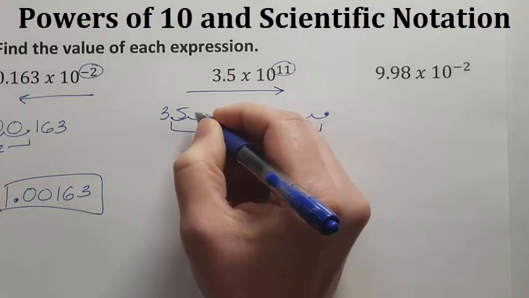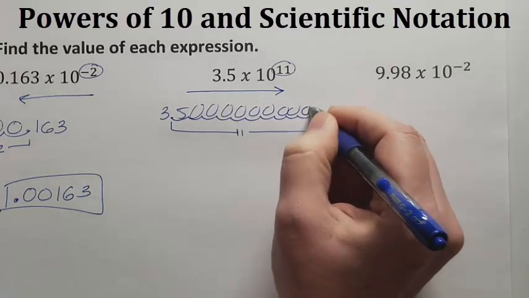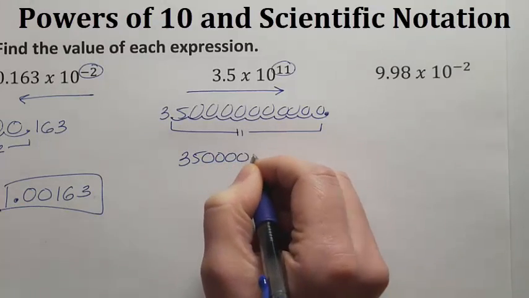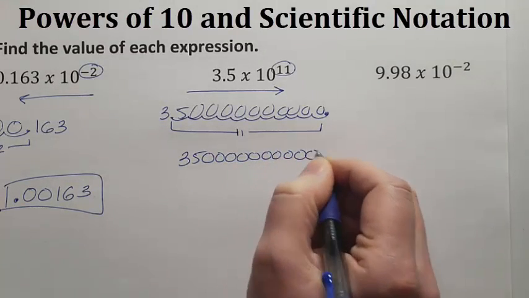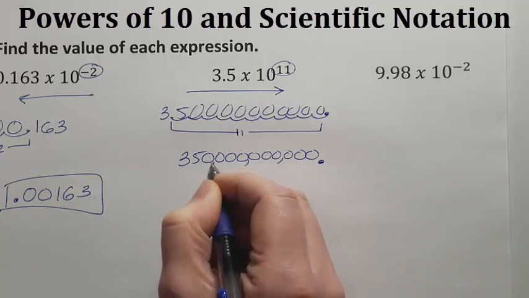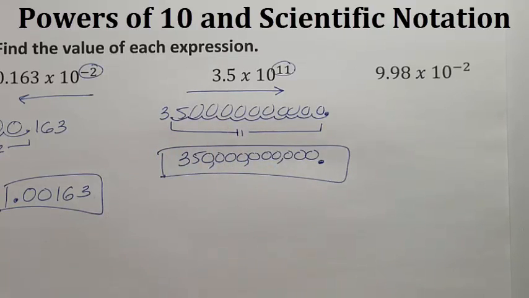Each spot gets a 0. So 1, 2, 3, 4, 5, 6, 7, 8, 9, 10 zeros. So 3, 5, and then the zeros. New decimal point. And then every third digit represents a new place value. So we have the value for that expression.